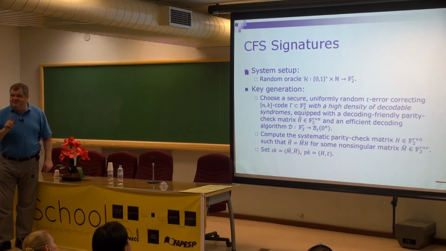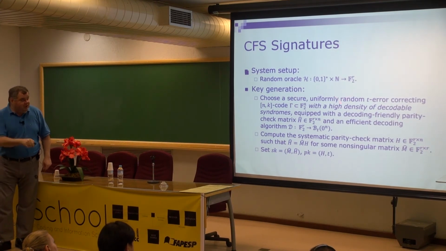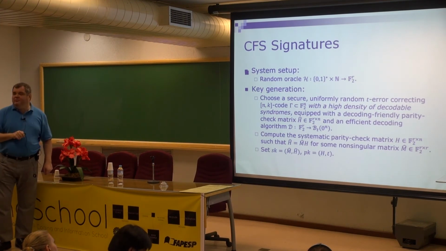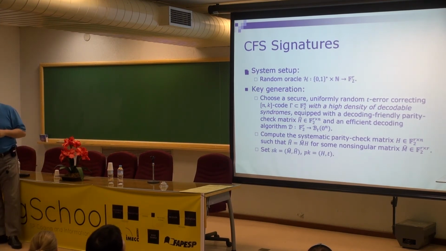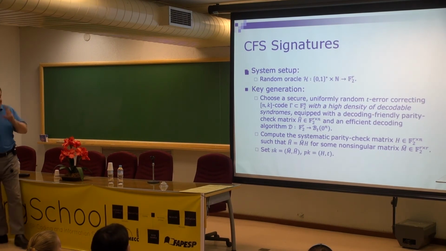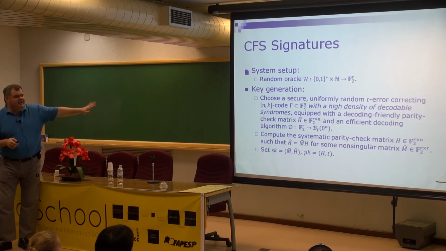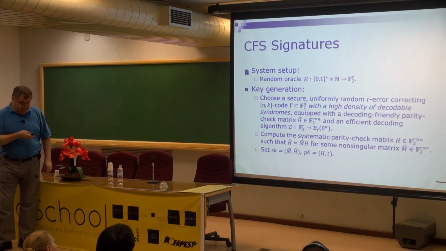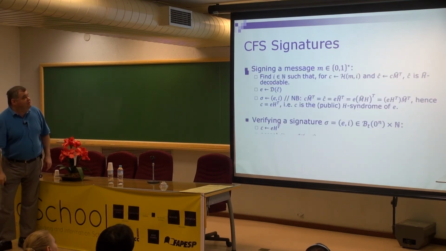So we have to choose a code with a high density of decodable syndromes. Now that's hard. But okay, let's assume we can do it. Everything else is the same as Niederreiter. So let's just see how we sign.